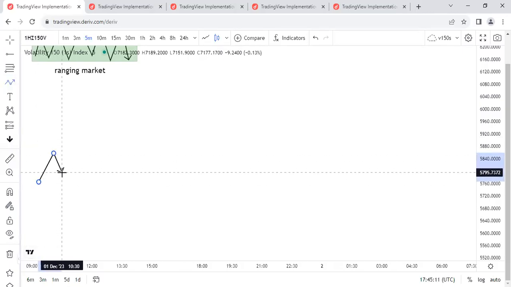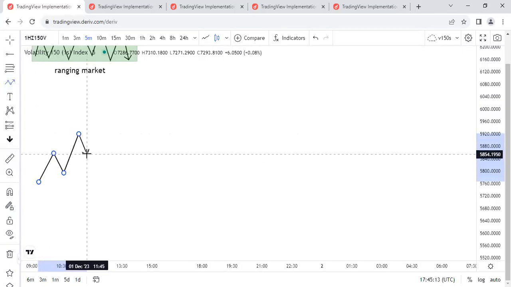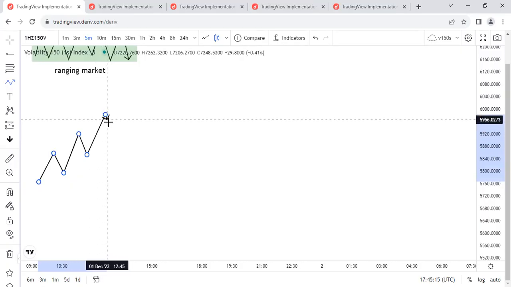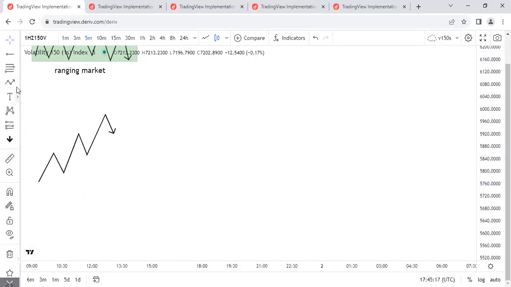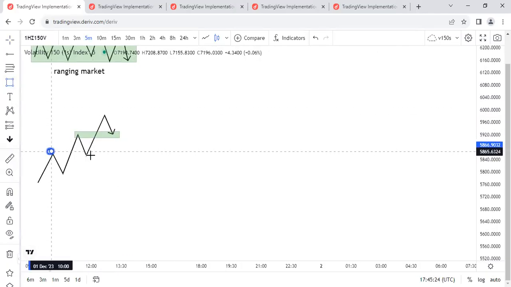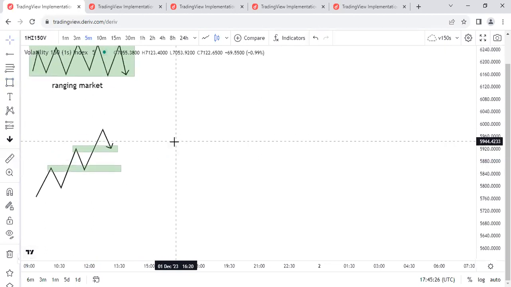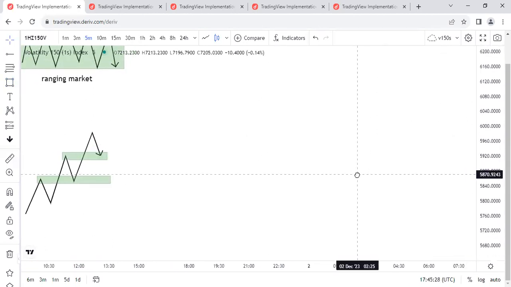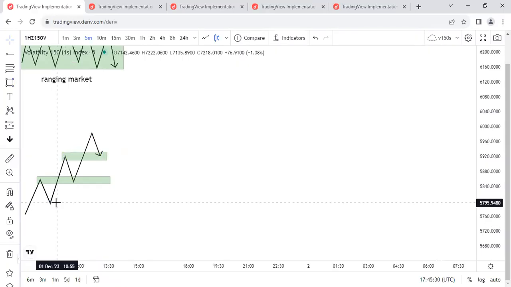This is majorly about support and resistance. That's what basic market structure is mostly about. A lot of us that do retail trading, this is what we trade. We trade the basic market structure, just waiting for price to break out of a particular zone and then retest it and then continue to the upside.